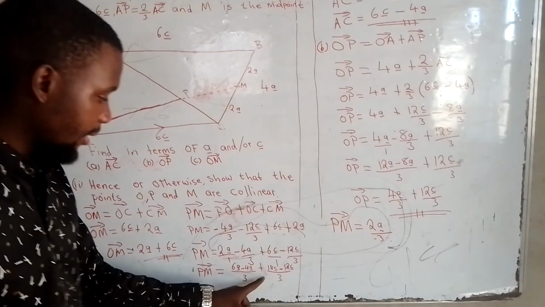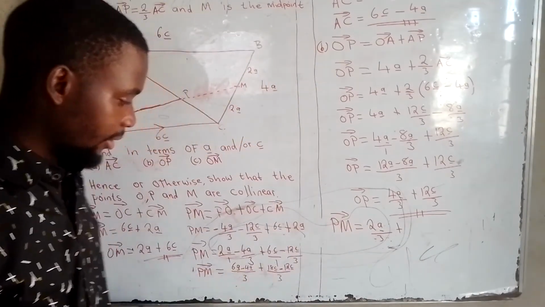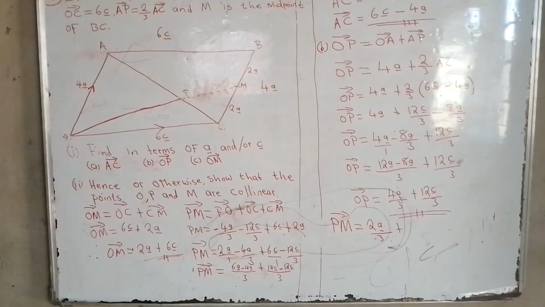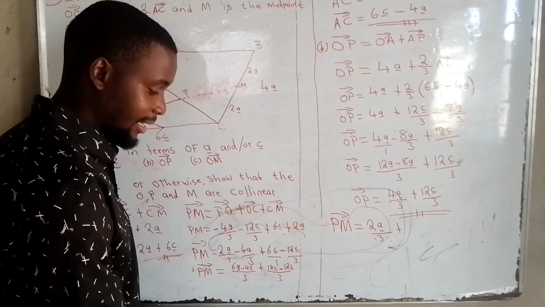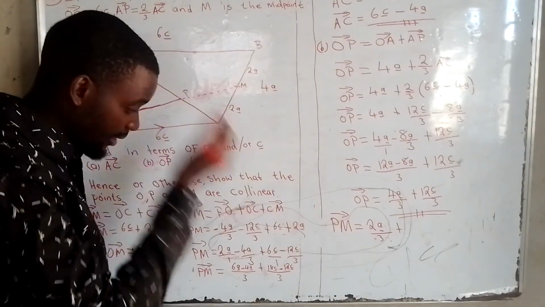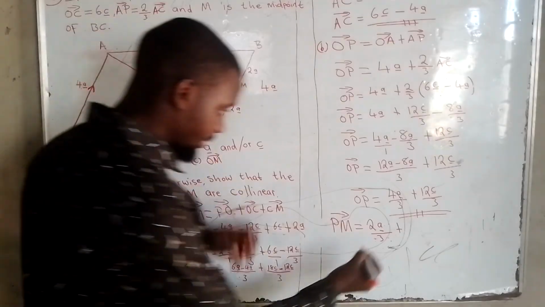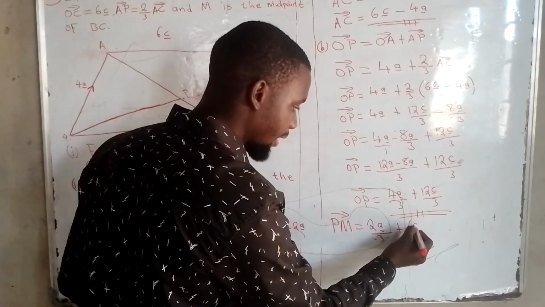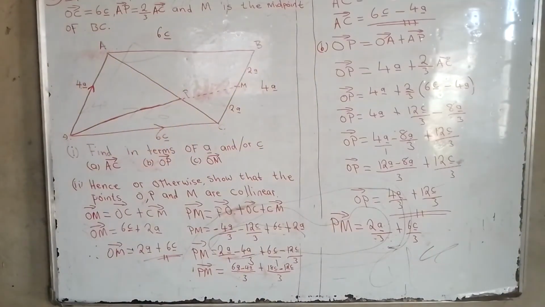Then plus 18 minus 12, that is 6 vector C. So we say 6 vector C over 3. So that is our PM.